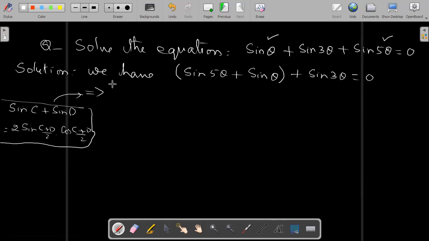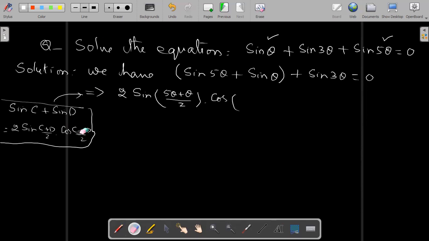This formula. So we get 2 sin((C plus D)/2), that means (5 theta plus theta)/2, into cos((C minus D)/2).